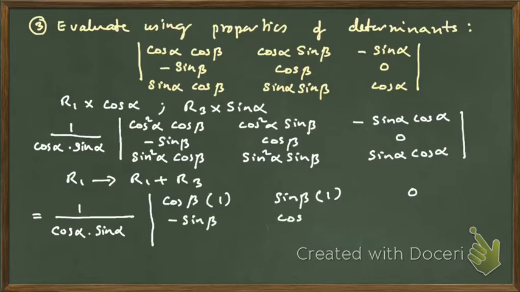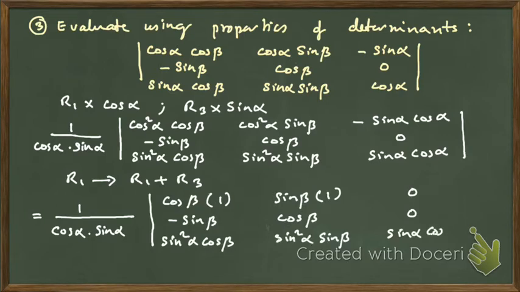Then the second row remains the same. Third row remains the same. Now that I have a common factor, sine alpha cos alpha from C3, I want to bring it out, so it will become 0, 0, 1, and I have that sine alpha cos alpha coming out.